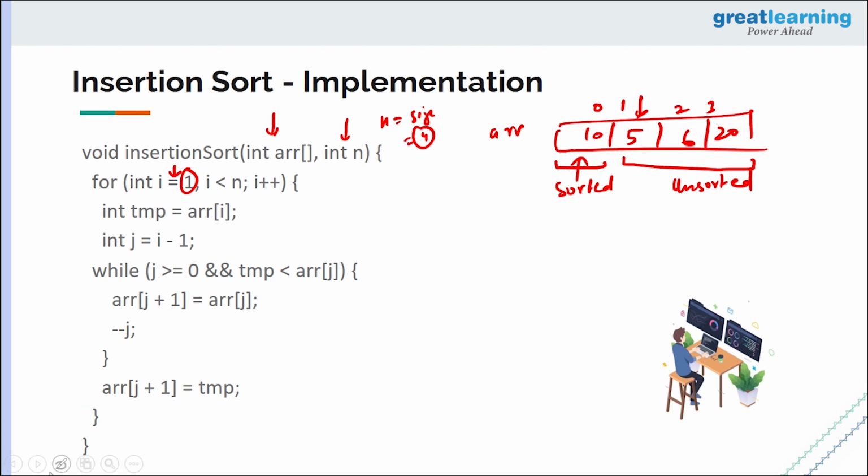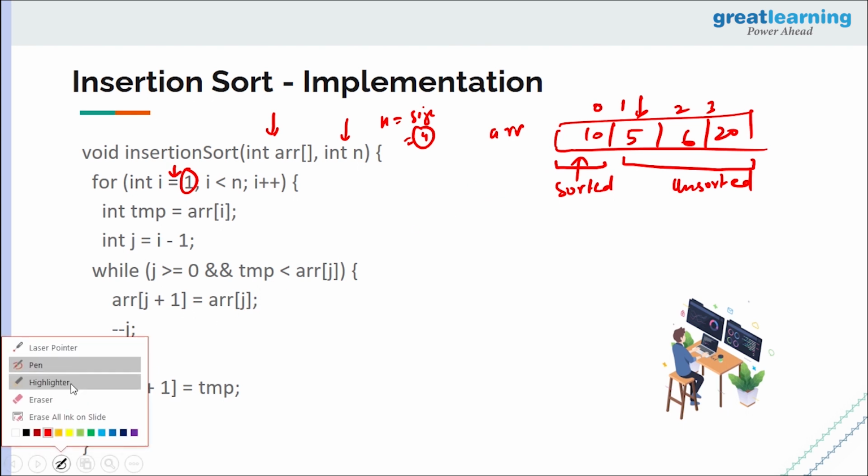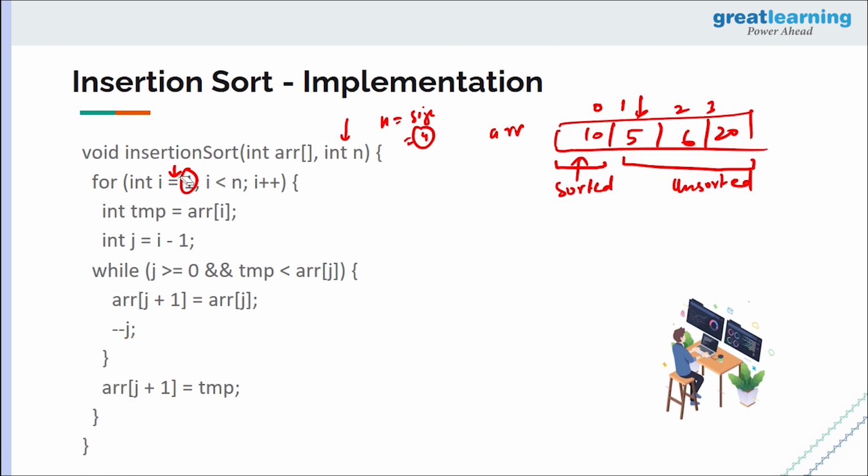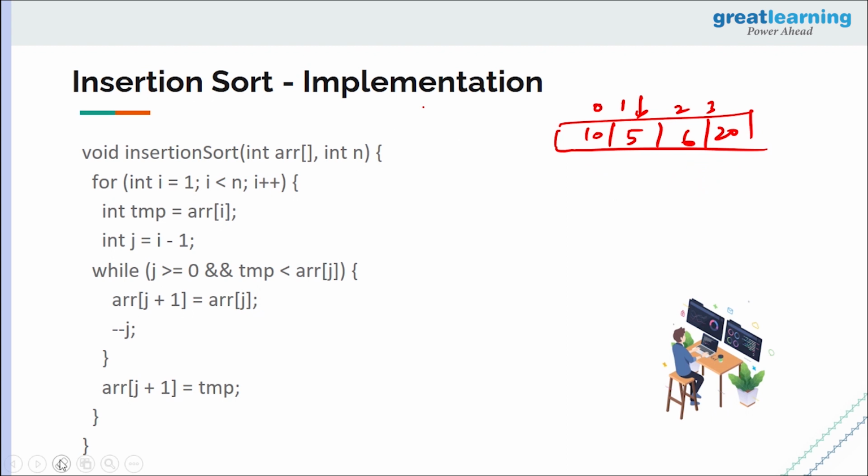Now let's erase this thing and let's see what are the pointers, what are the iterators and variables that we have used. So let me clear out this thing, and we all know now this sorted part and unsorted part. Now let's see what are our iterators. So we have our j pointing to this index, that is i minus 1, and we have our i which is pointing to this element.